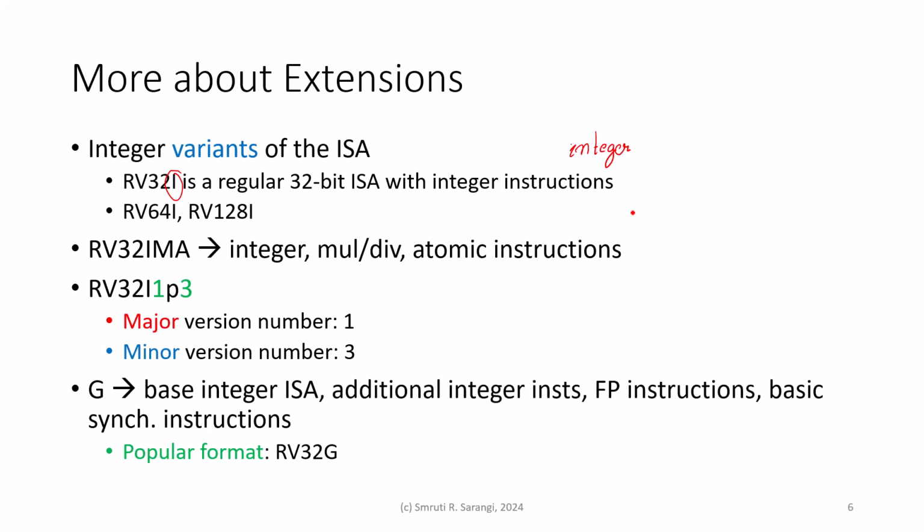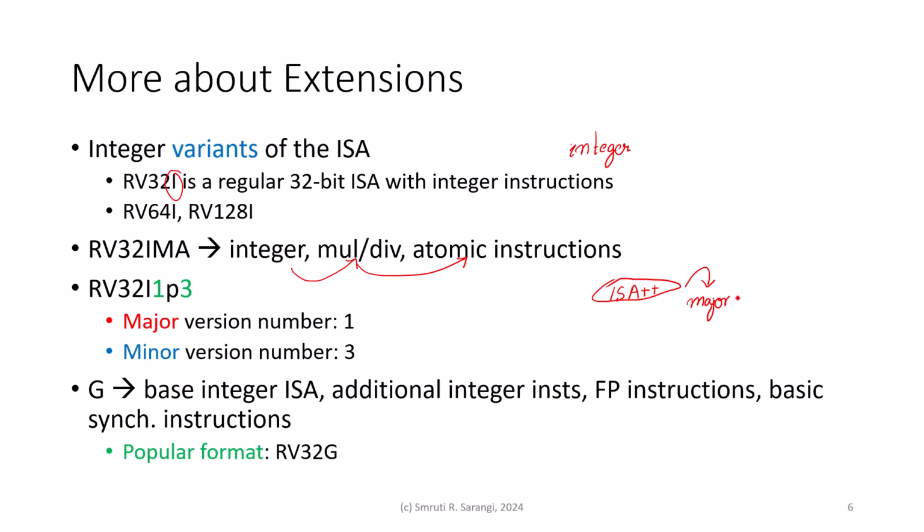RV64I and RV128I are also there, and they are maturing. And also what we discussed is that the standard set is integer, multiplication, division instructions, and atomic instructions. Furthermore, given an ISA with its extensions, let's call it ISA++, you can have a major version, because the specifications keep changing, right?